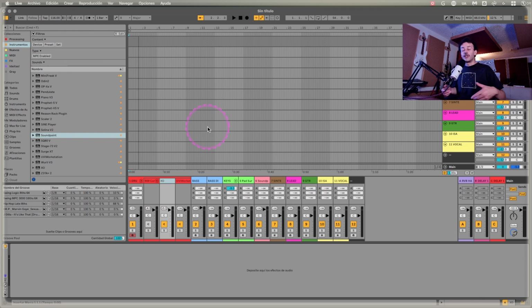Just as toms are the only melodic part of the drums, we have this whole other category of minor percussions, or percussions that are a lot more melodic.